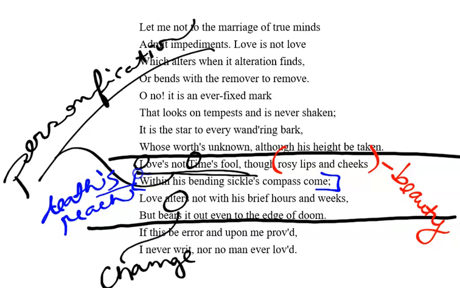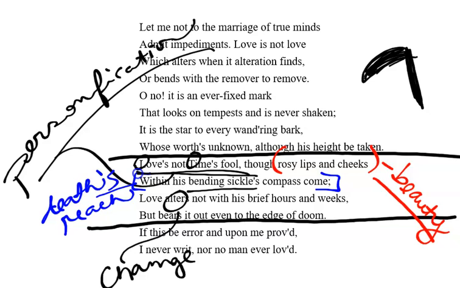All right, then when he says rosy lips and cheeks, he's saying beauty. So Time cannot fool love, even though beauty within his bending sickle's compass come. Now, the bending sickle, I'm going to try to draw this. The Grim Reaper, right? So there's my scythe, there's my bending sickle, my bending blade of the Grim Reaper.